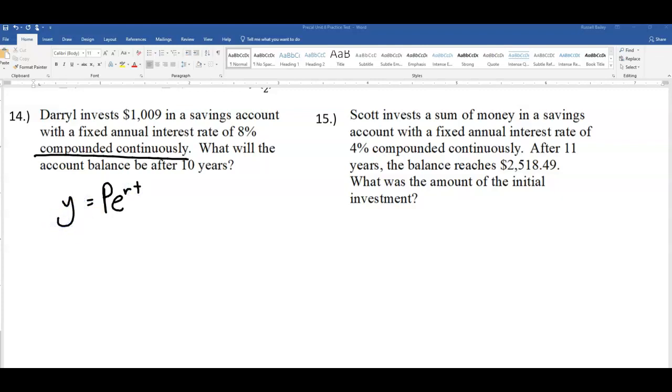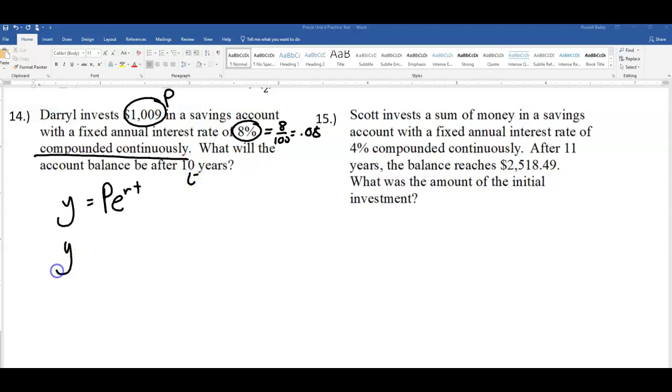What will the account balance be after 10 years? In the Pert formula, P represents the starting amount. R represents the percentage, transformed into a decimal. With these types of problems, it's always increasing whenever it comes to the interest rate question, so we'll keep it as a positive R for this one. And then this is my T.